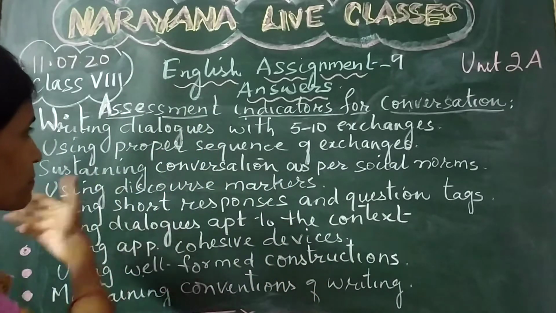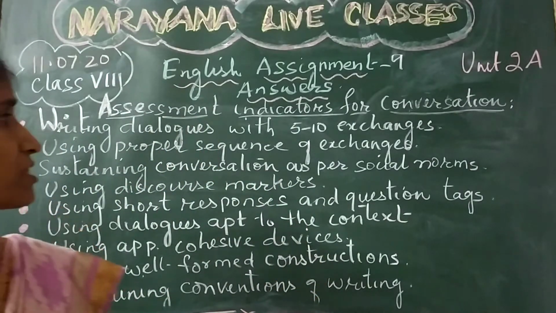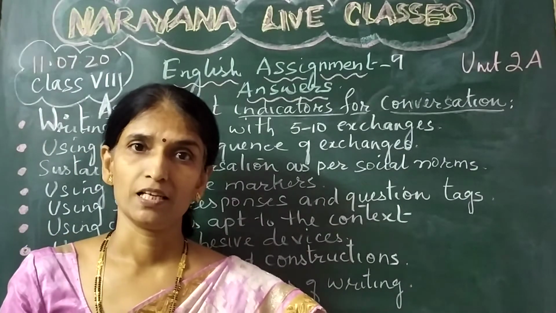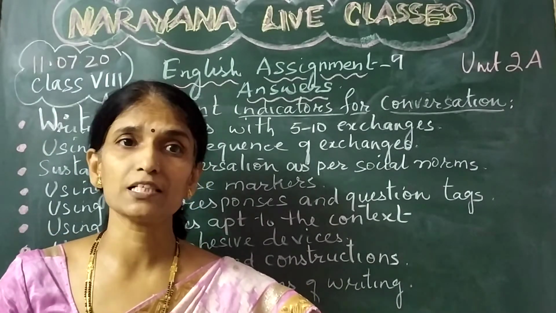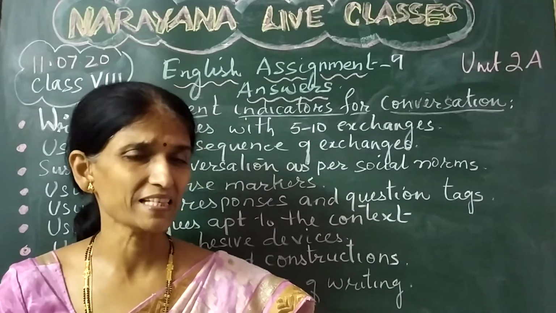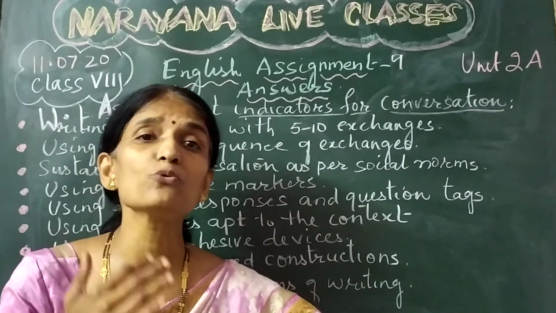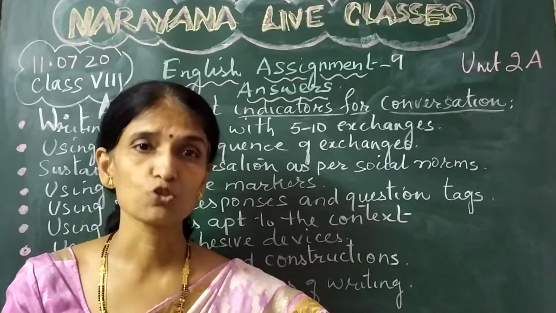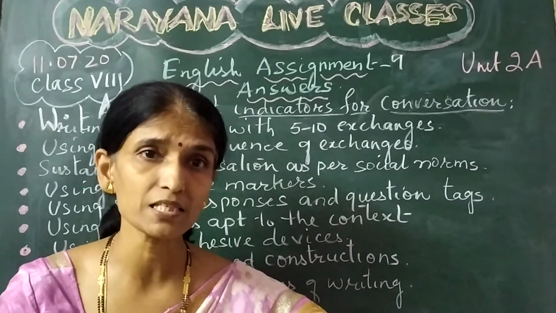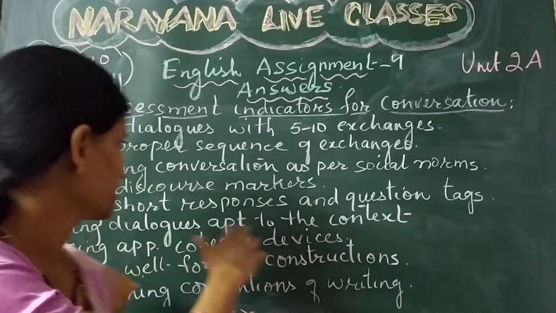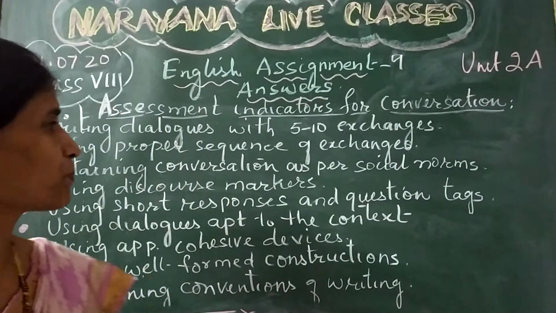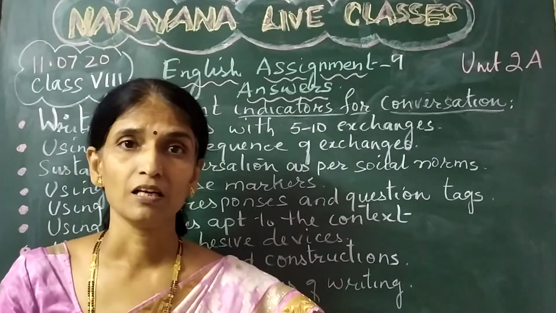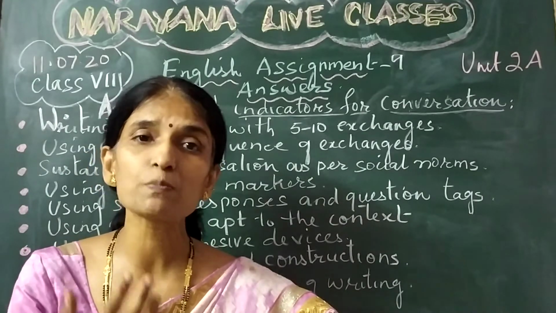Then the fourth assessment indicator, using discourse markers, like well, precisely, certainly. So usage of such words is to be encouraged. Then using short responses and question tags, because that is what we do when we speak.